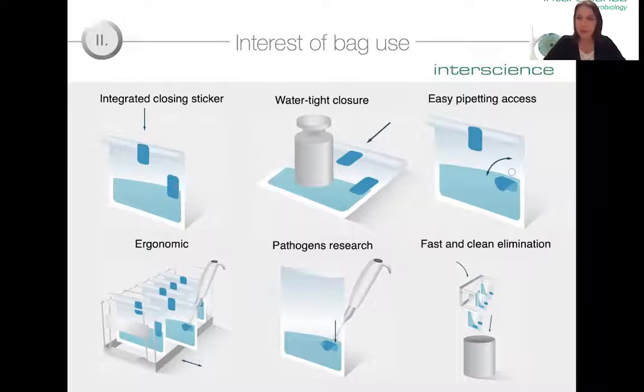We have a video in which we present this in a second. Then the sticker to access the filtrate for pathogens research or your quality control, your quality indicators as well. And having this integrated closure means that you can dispose of and eliminate those bags without any mess. This is all leak proof.